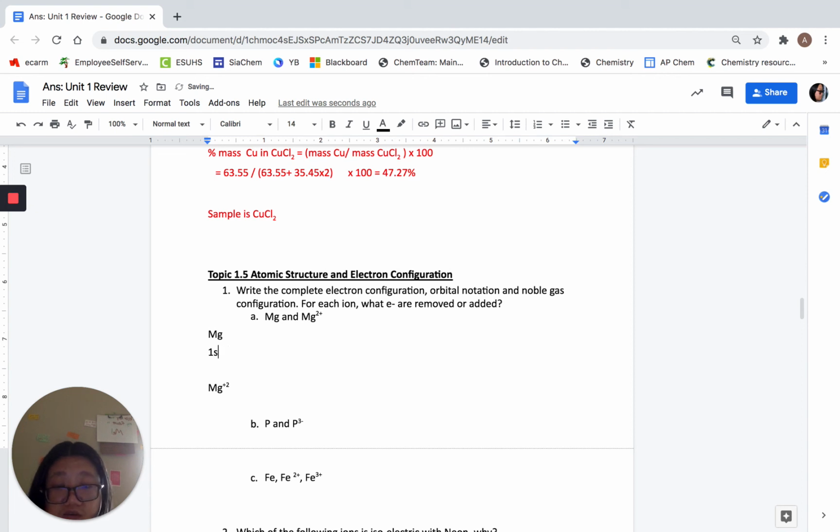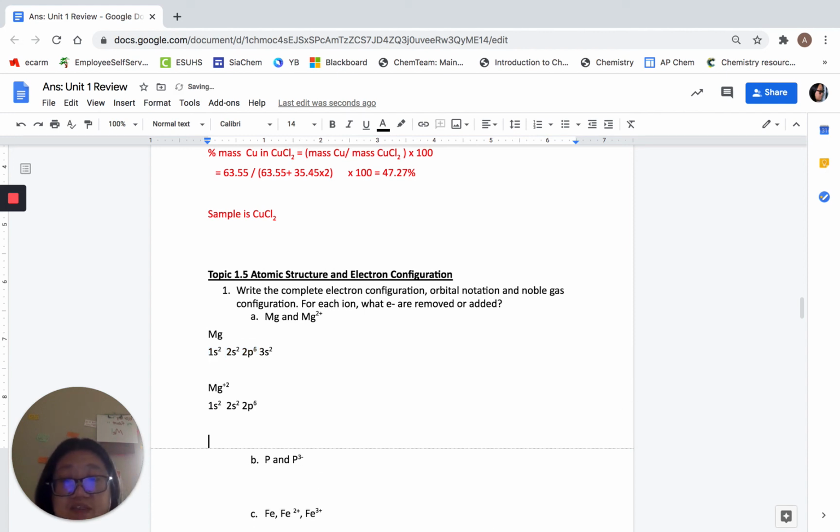So 1s2, 2s2, 2p6, 3s2. Mg plus 2 is essentially this, because it's going to lose the 3s electrons, right? It loses 2 electrons from the 3s orbital.